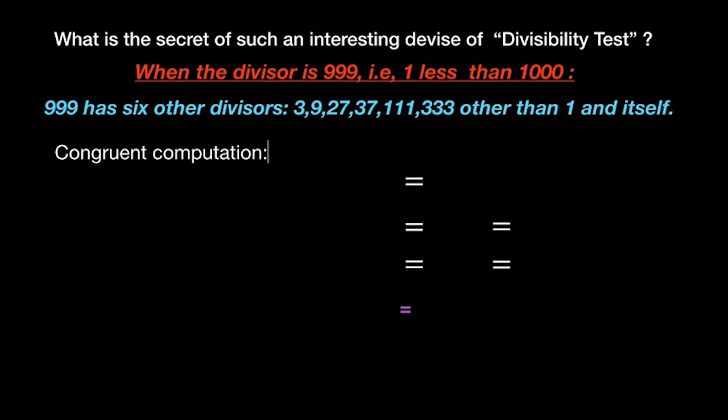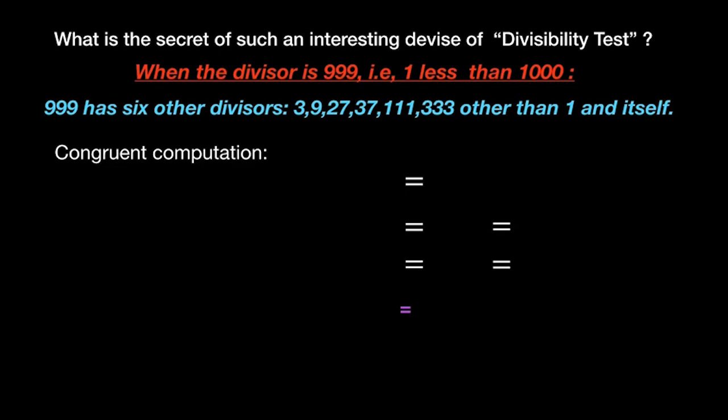Again, see, 999 has 6 other divisors: 3, 9, 27, 37, 111 and 333, other than 1 and 999. So if a number is divisible by 999, that means the number is also divisible by any of these: 3, 9, 27, 37, 111 and 333.